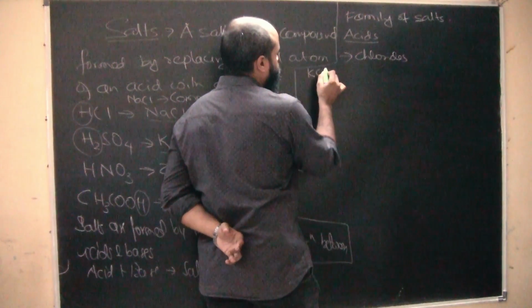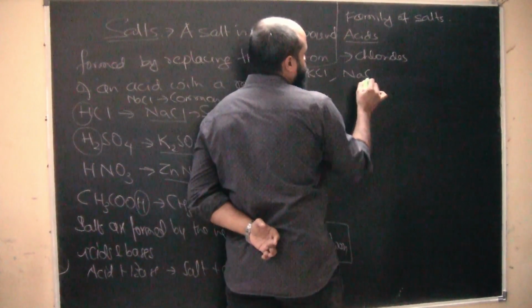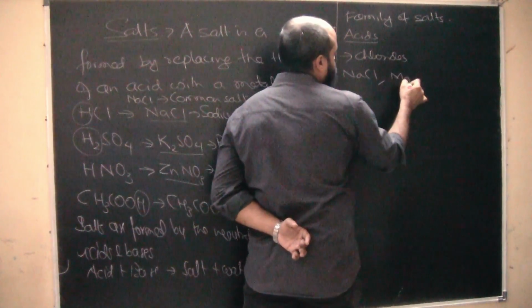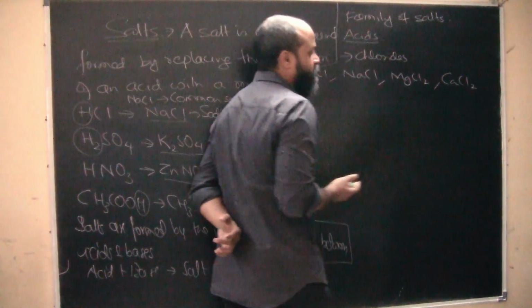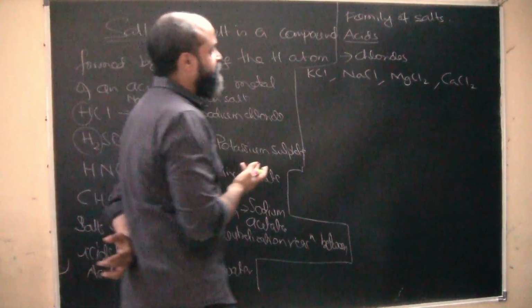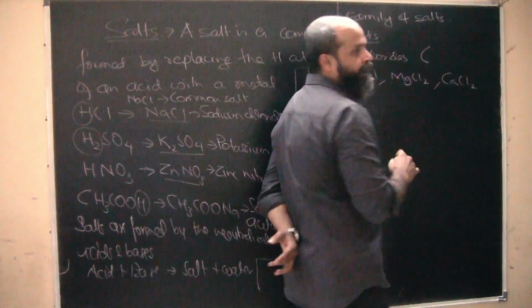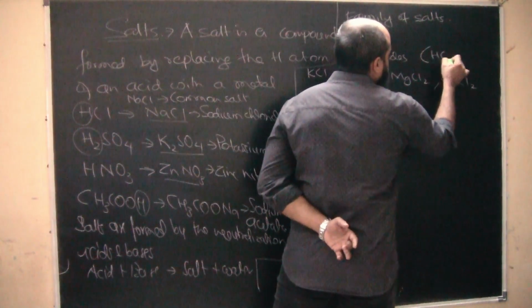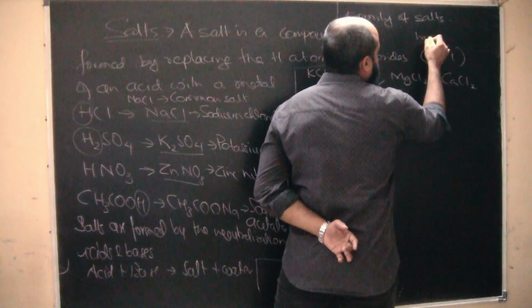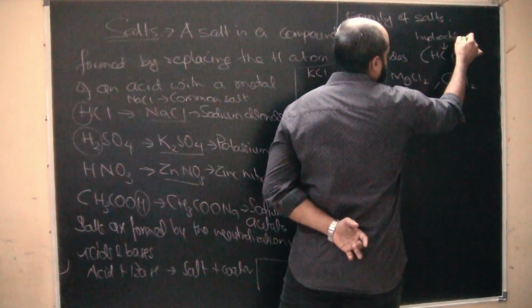Let's say potassium chloride, sodium chloride, magnesium chloride, calcium chloride, and so on. All these are basically chlorides. So the primary ingredient as an acid to form these types of salts will be hydrochloric acid.